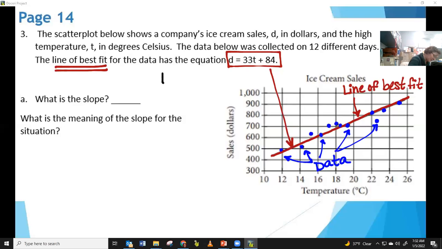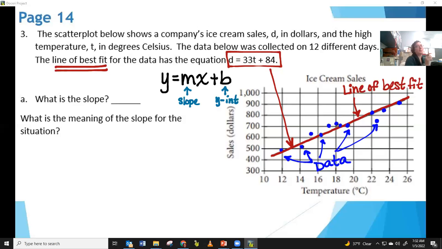It's written in this form, y equals mx plus b. 33. Yes. Remember, this part of the equation is my y-intercept, and this part of the equation is going to be my slope.